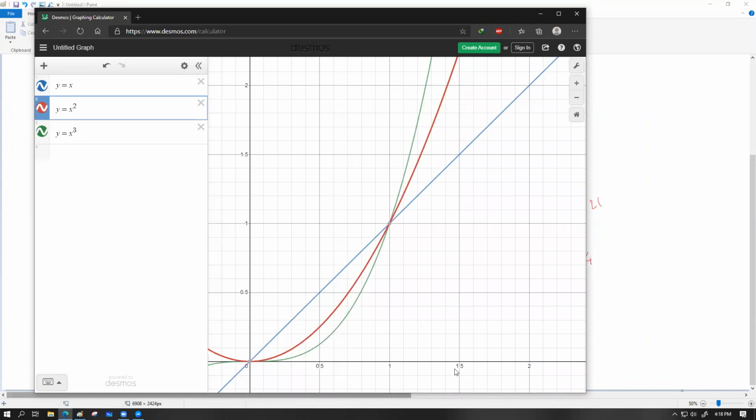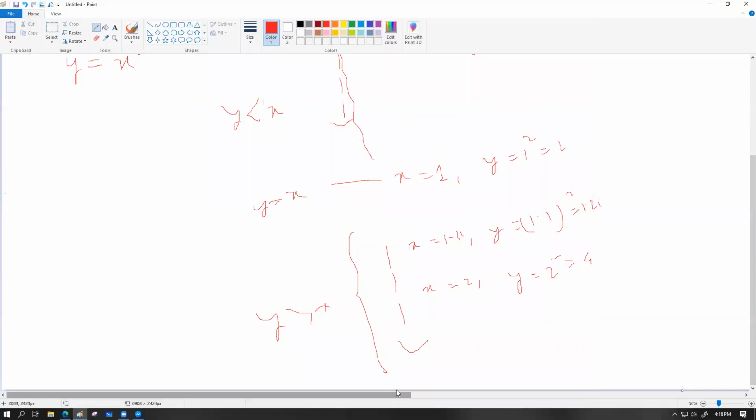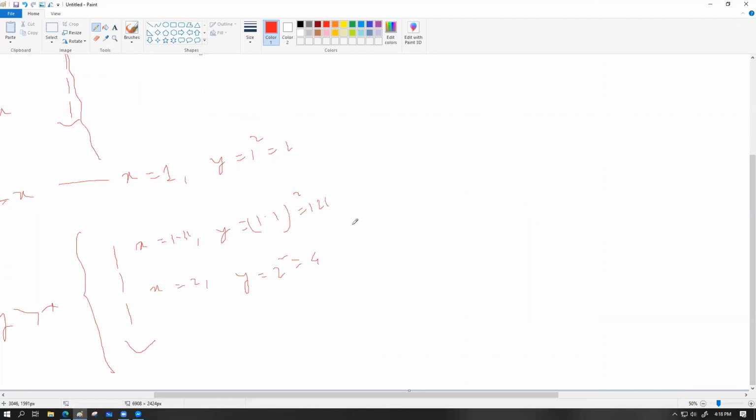But as you go above, the values of y equals x cube start to become larger than y equals x squared. For example, when x equals 2, y equals x cube gives you what? 2 cube, which is 8. For y equals 2 squared, you get 4. For cube, you get 8.